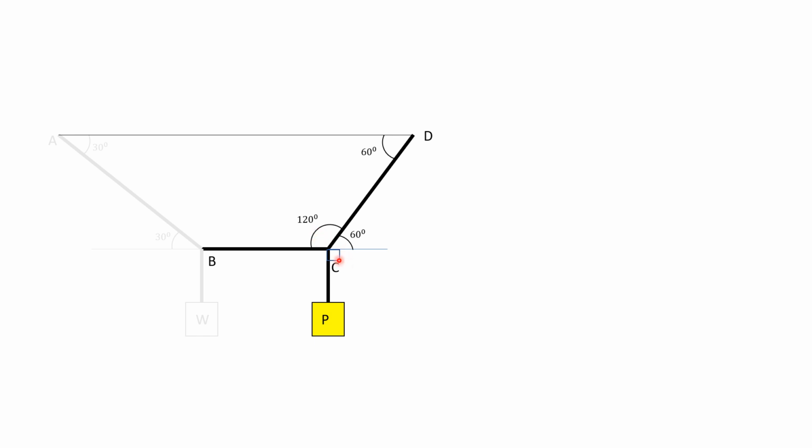This is 90 degrees. So 90 plus 60, this total angle will be 150 degrees and this angle will be 90 degrees. So mentioning tensions in the cables, ropes. Say tension in this rope is TCD and tension in this rope is TCB. TCB and TBC both will be same and this load will be P.